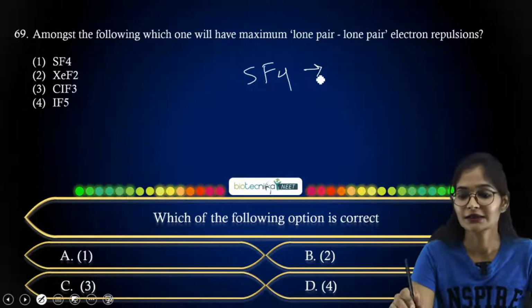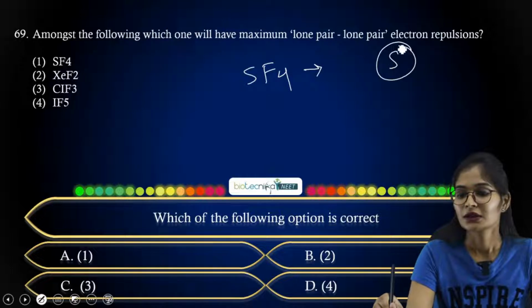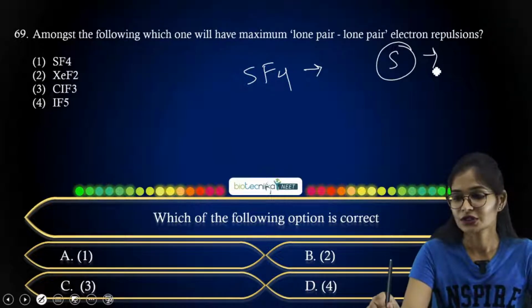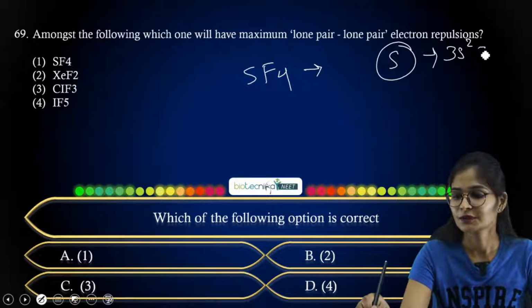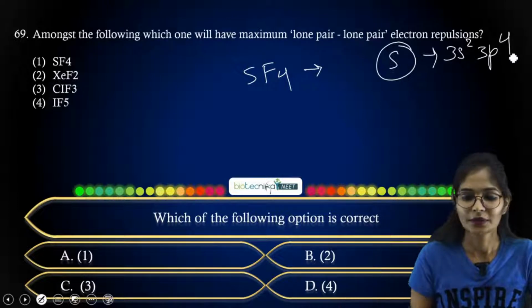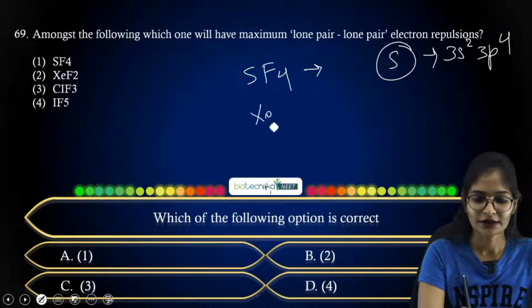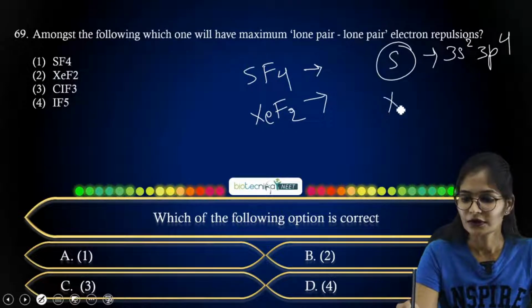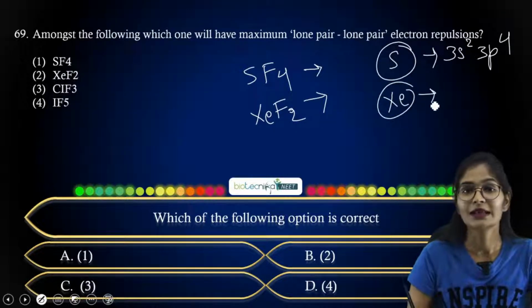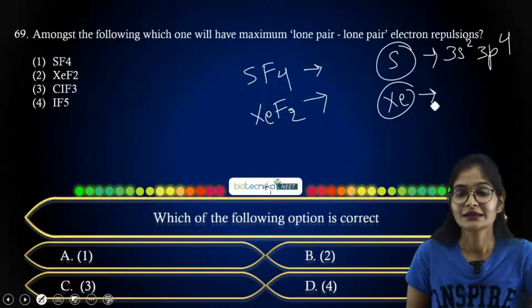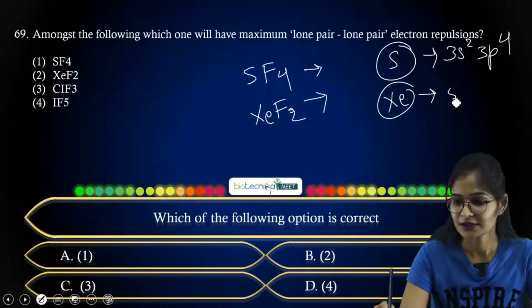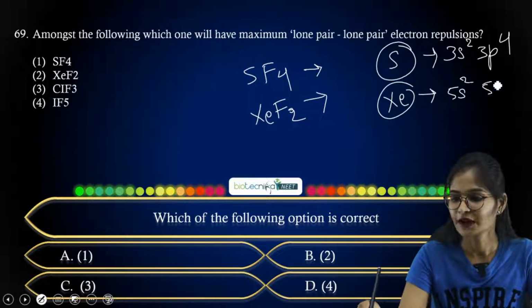You have to look at the electronic configuration of sulfur, whose valence electronic configuration we write as 3s2 3p4. Next you have XeF2, where xenon's valence electronic configuration is 5s2 5p6.